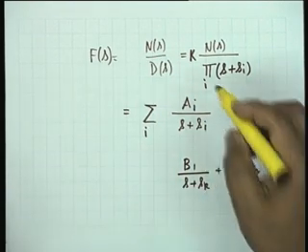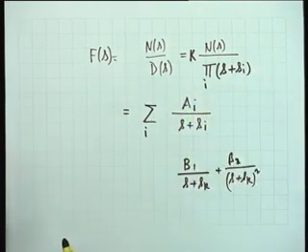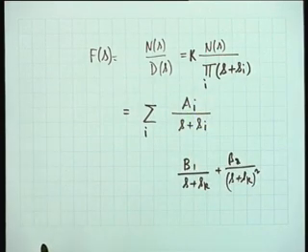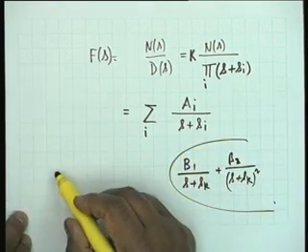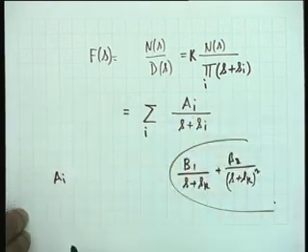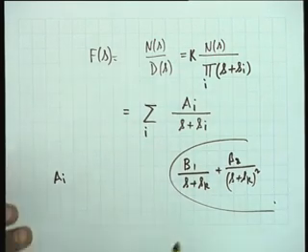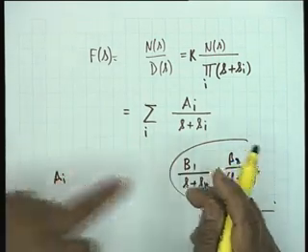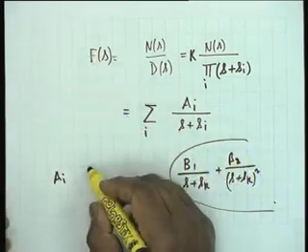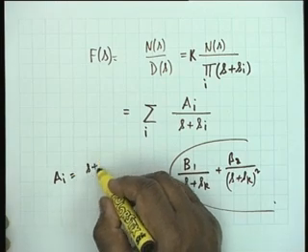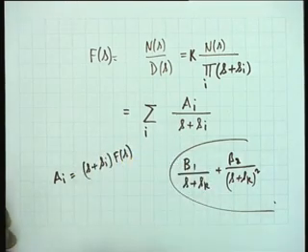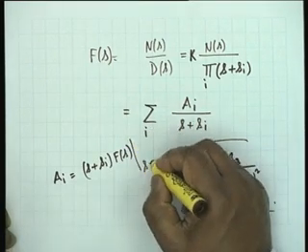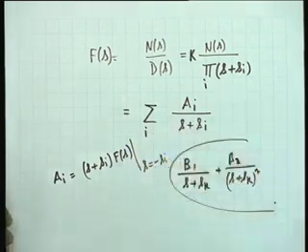Okay. Now these constants ai which occur in the numerator are called the residues, and the reason is the following. Why they are called residues is that if you want to find out this constant ai, what you do is you multiply both sides by s plus si, multiply f of s and put s equal to minus si.